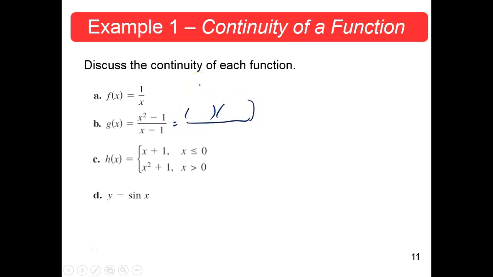How would we factor that numerator? x plus 1 times x minus 1, and the denominator is x minus 1, and then guess what happens? We eliminated the x minus 1, and we got x plus 1. So that's a good old straight line function, isn't it? Slope of 1, y-intercept of 1, except at x equal 1 you've got a hole in the graph, because the original function did not allow that.